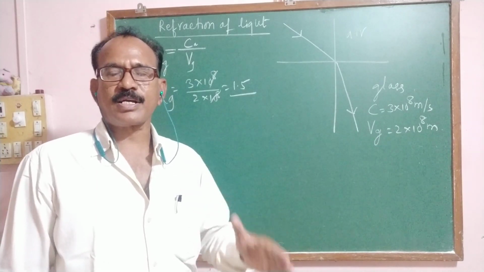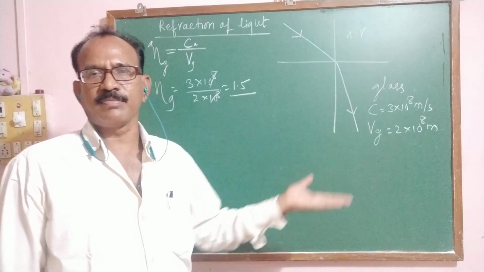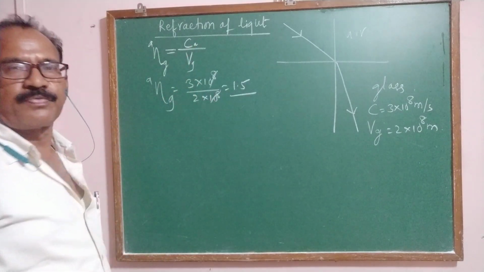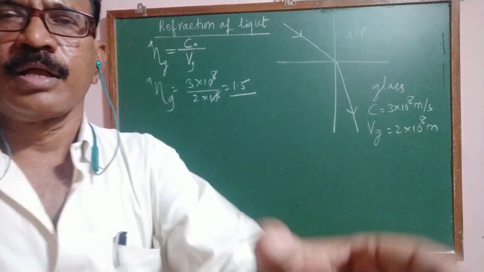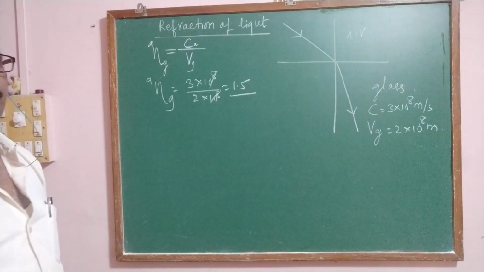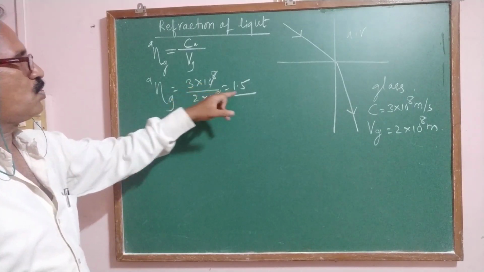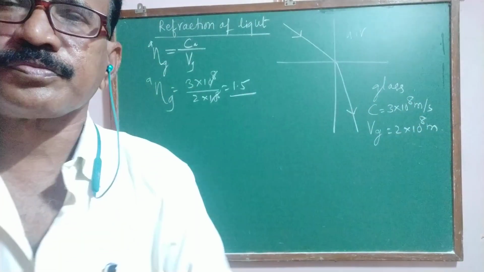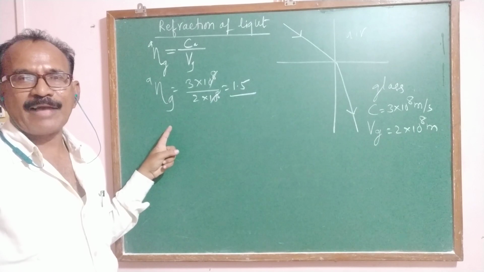But when we compare the denser medium with another medium, for example, the refractive index of glass with respect to air is equal to 3 into 10 raised to 8 over 2 into 10 raised to 8. Here, this is an absolute refractive index. This is an absolute refractive index.